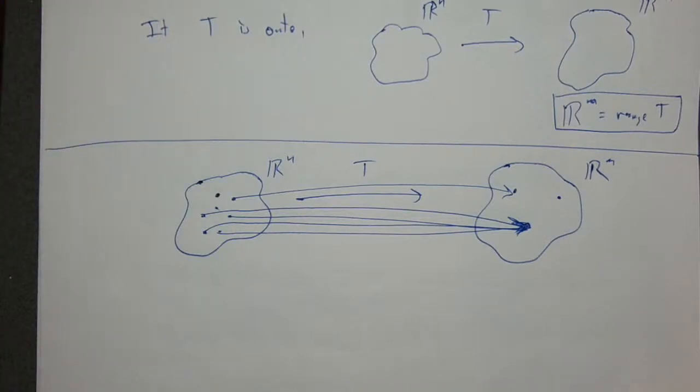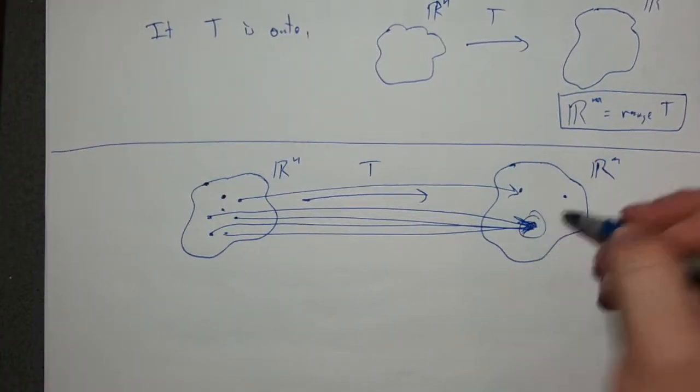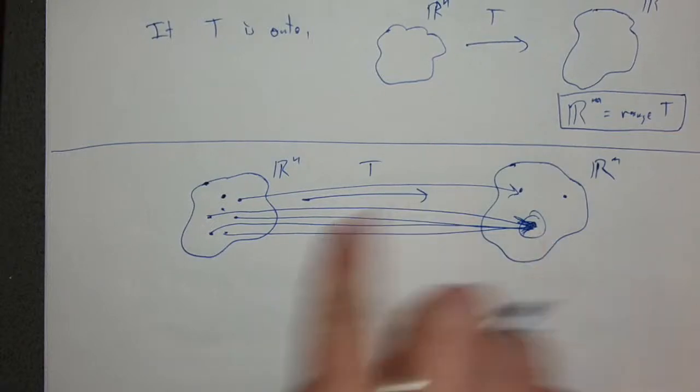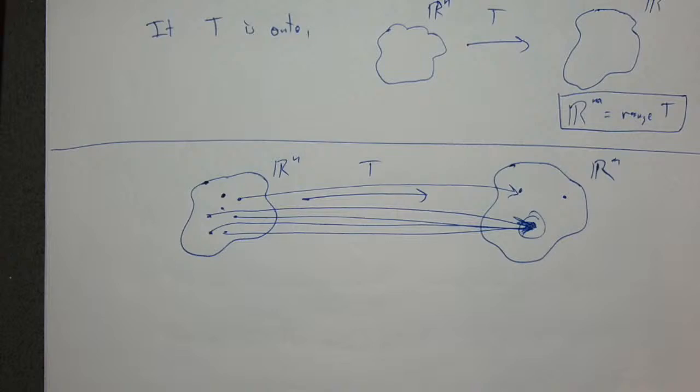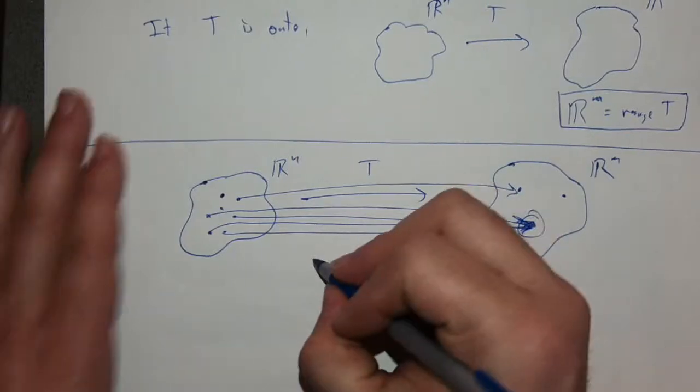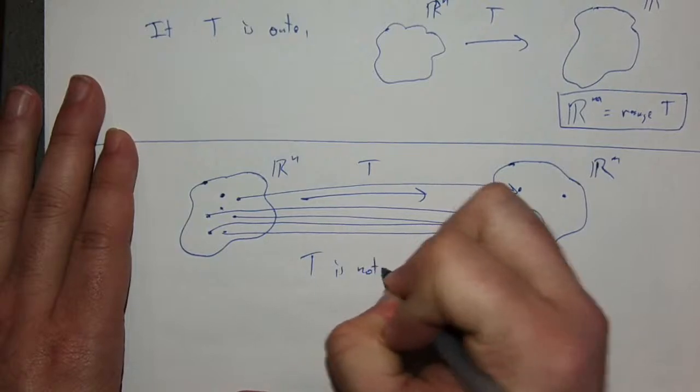But this point is a problem. This point has multiple x's in the domain that get mapped to it. It is not 1 to 1, it is many to 1, right? Because many x's over here go to the same one image point. Okay, so that's T is not 1 to 1.